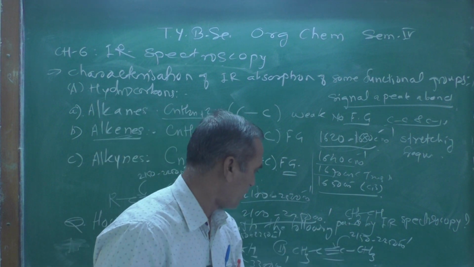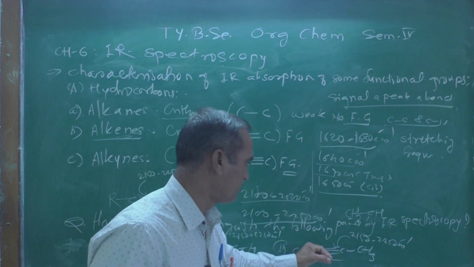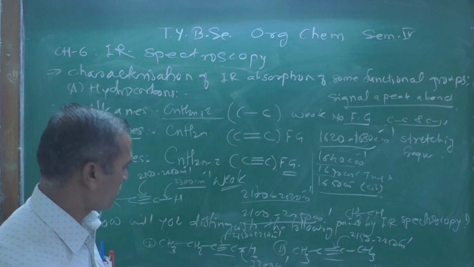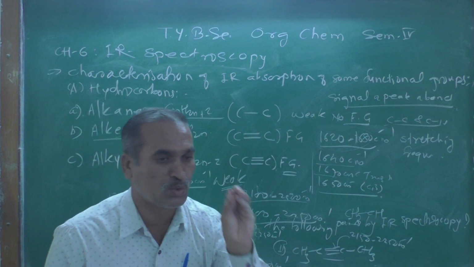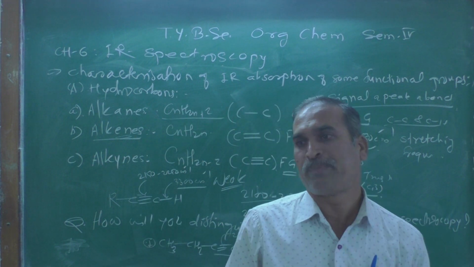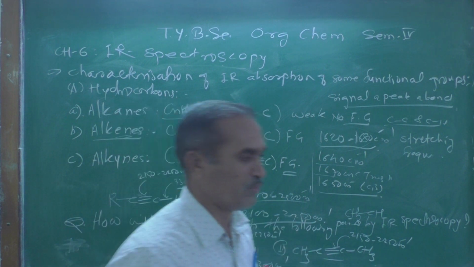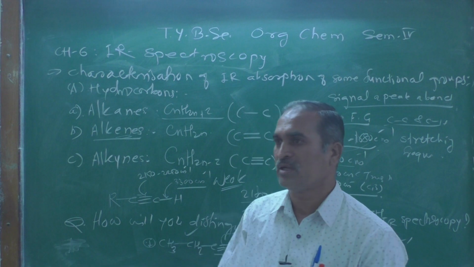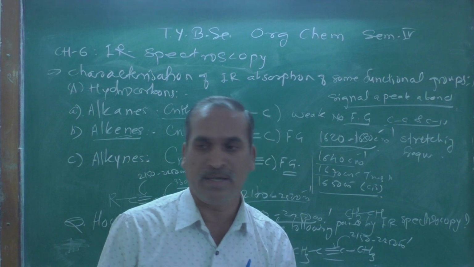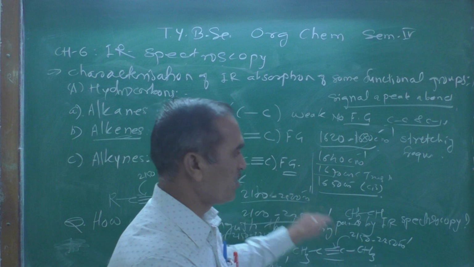In structure two only one recognizable peak is observed, whereas in compound one there are two recognizable or notable peaks, and therefore by these peaks you can clearly distinguish the two by IR spectroscopy.